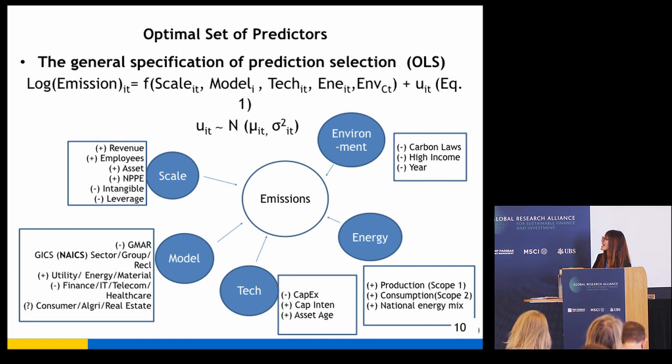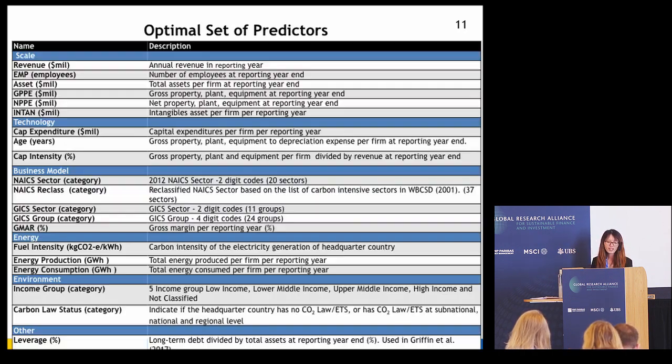We also include energy factors, and one of the most important is the carbon intensity of the national fuel mix. We also try adding production of energy and consumption of energy, which are semi-available predictors, to see whether that improves the prediction accuracy. That is the first step in our method.